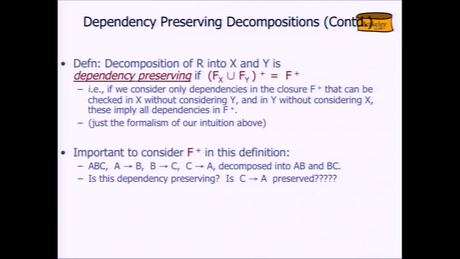All right. Oh gosh, I put a hard thing on the slides. I have A, B, and C as my original table. I have A determines B, B determines C, C determines A. It's decomposed into AB and BC. So I took ABC and split it into AB and BC. Let me write it down.